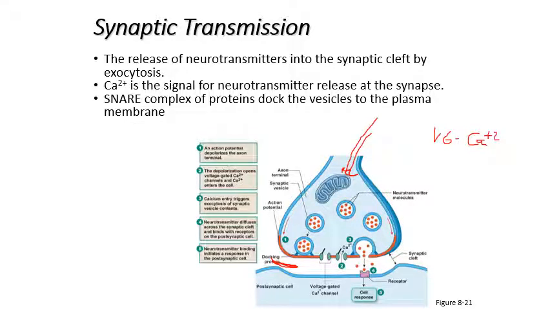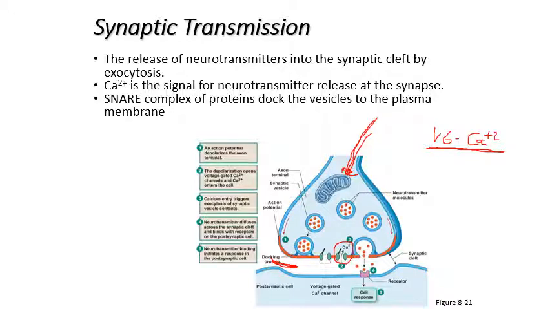If you remember, calcium is high outside compared to inside, so if that channel opens, calcium is going to rush in. The change in voltage from the action potential cues the voltage-gated calcium channels located at the axon terminal to open.